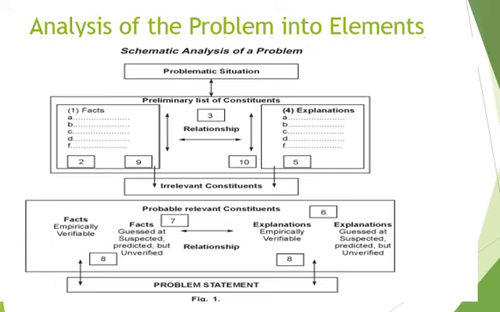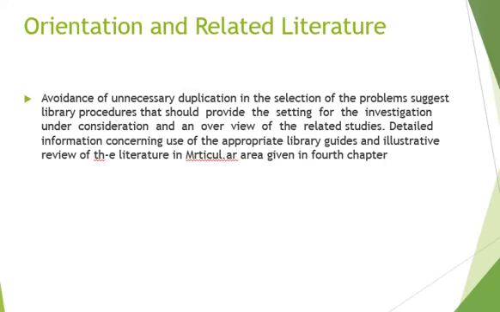And later on you make a problem statement, a thesis statement, which is based on all these elements. You have a problematic situation, then you decide what the facts in the situation are, you explain the reasons and explanations, then you remove irrelevant constituents, and then you have the probable relevant constituents which are very important. You apply them over here, and later you get something which we call a problem statement.